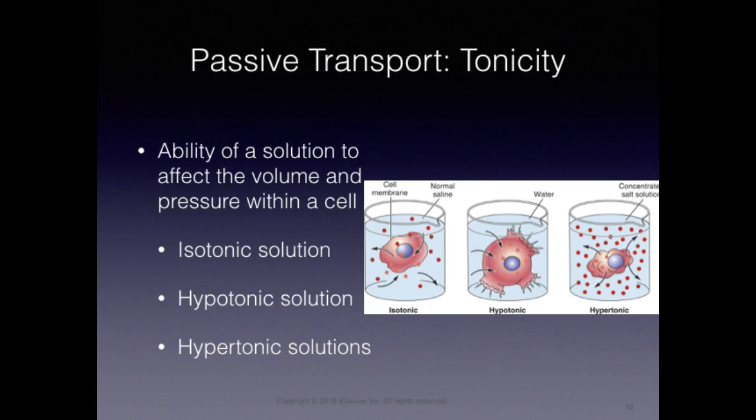In the first one, isotonic, we have no net movement of the water, so it's equal. In the second picture, the hypotonic, water diffuses into the cell, making it larger and more fluid filled. And the final one is hypertonic, when the fluid seeps out of the cell until it bursts or dies.